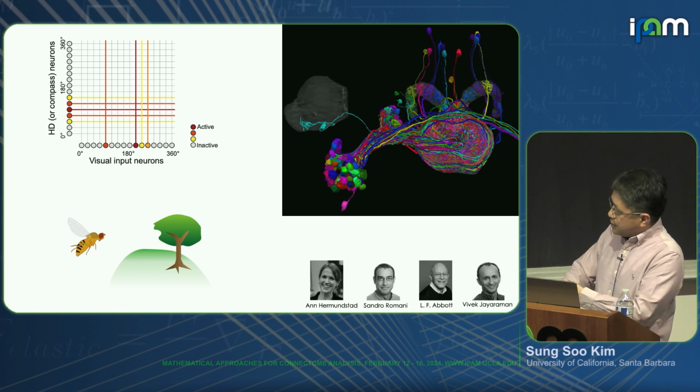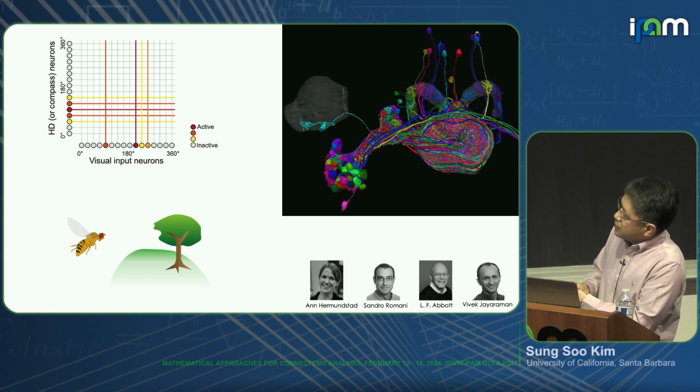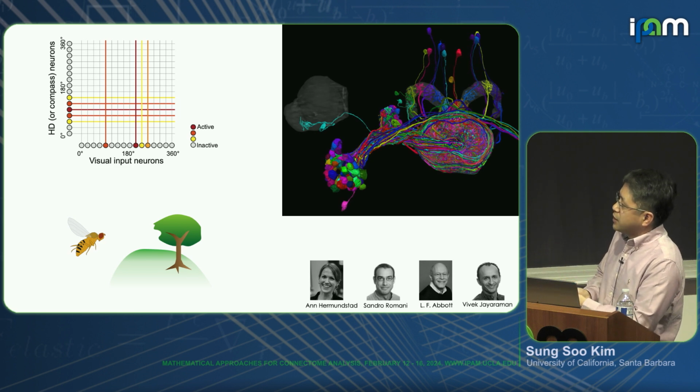And in this particular case, a few visual ring neurons, this one and these three, are active for this scene. Okay? And because of the ring attractor dynamics, a small number of compass neurons are lumped together here, and they are active. Okay? If we begin from some random activity, they will collapse onto a single bump of activity like this.